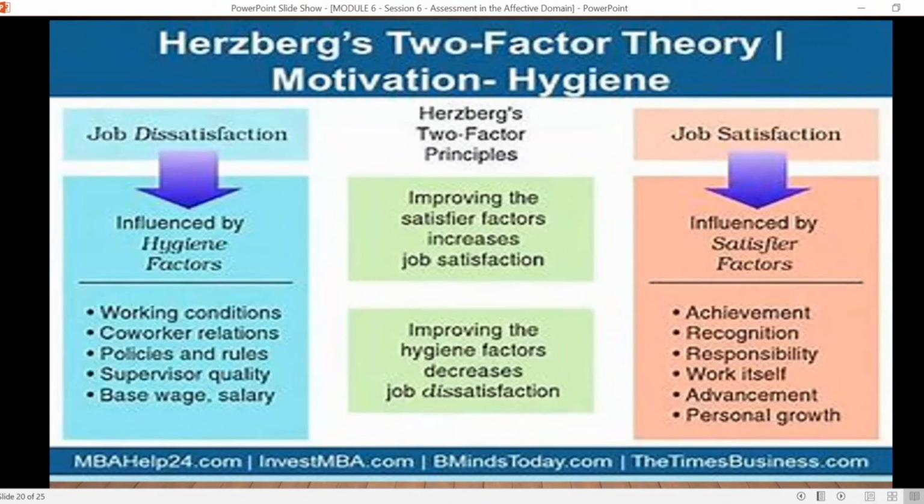Under job dissatisfaction, this is influenced by hygiene factors. These are the hygiene factors inside the box: working conditions, co-worker relations, policies and rules, supervisor quality, base wage, and salary. So when you say hygiene factors, these are factors that when they are present, they do not motivate us. They are present. Okay?